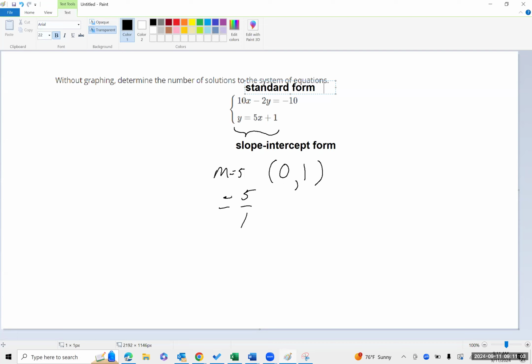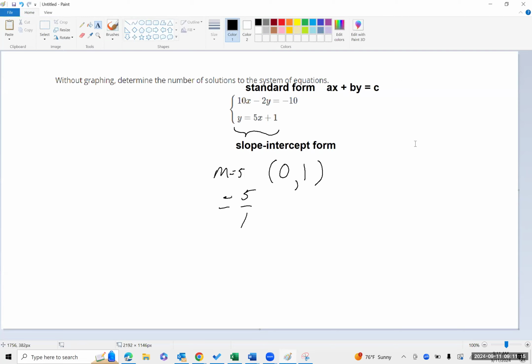Standard form is always going to be ax plus by equals c. Now, standard form is nice in some situations. There's some situations where to model the situation, you're going to write it in standard form.